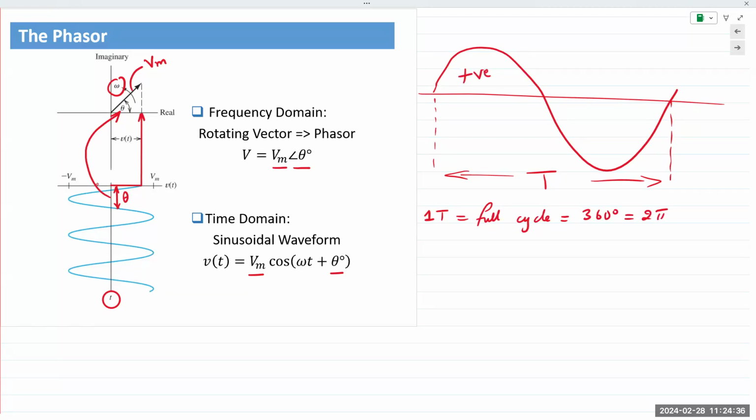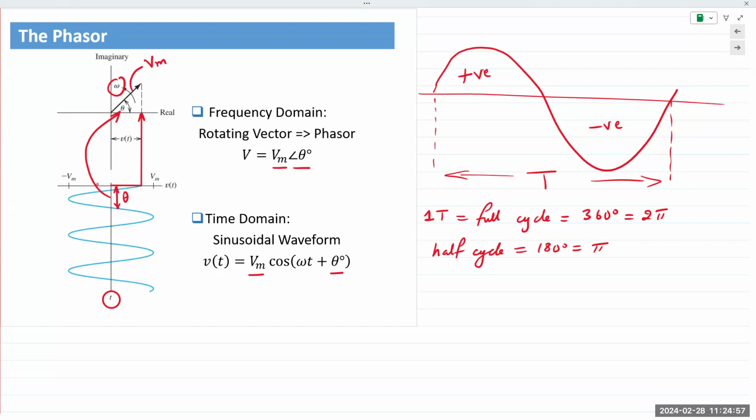This is a positive half cycle, negative half cycle. So one half cycle is 180 degrees or just pi. Right? Concepts that every engineer would be familiar with, mathematically speaking, at least.